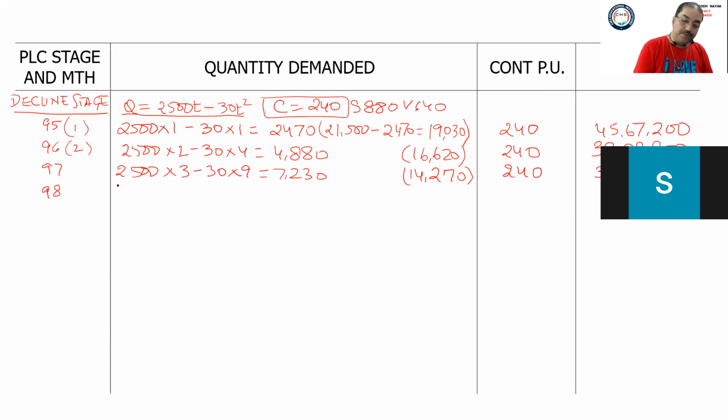98. 2,500 into 4 minus 30 into 16. That comes to 9,520.